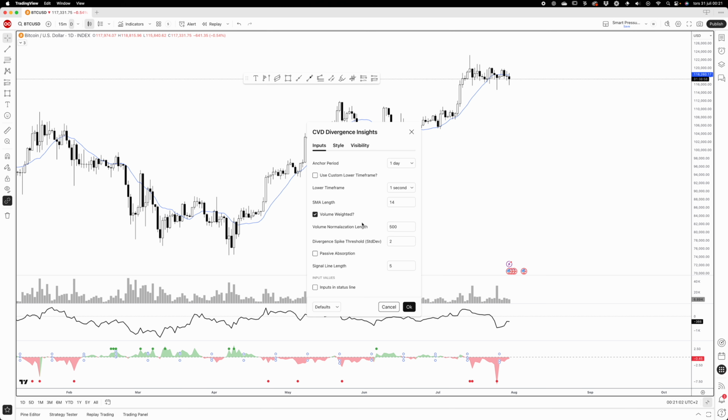The volume normalization length, I see that I've misspelled this feature, I need to fix that. When we calculate the volume weight and also the spike detector, we look at how big is the average volume bar on this chart, and then we look for standard deviations from that, and if we find that it crosses the threshold of 2 standard deviations, we print one of these dots.